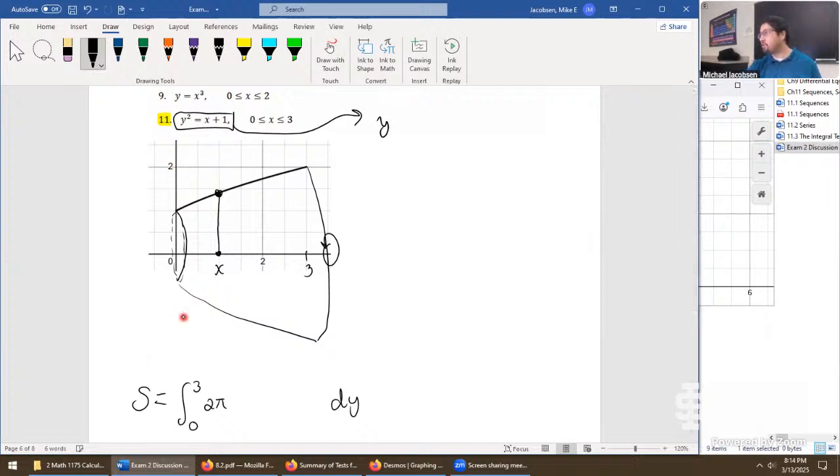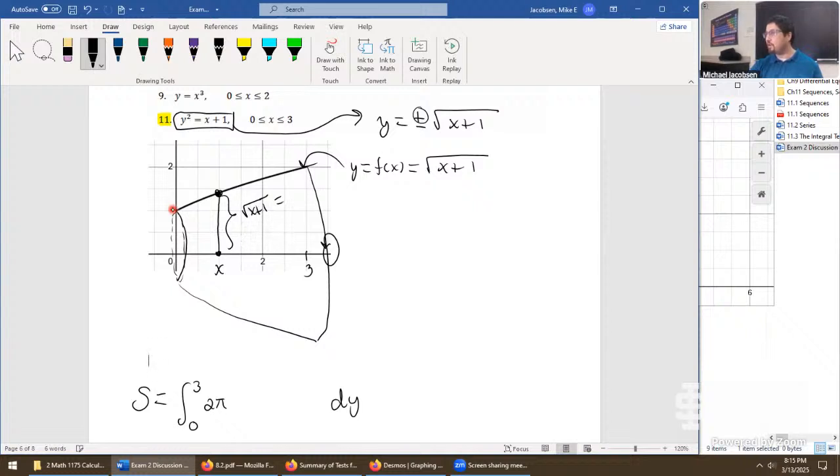Let's take this. Y is going to be equal to plus or minus the root of x plus 1. If we're focusing on this branch here, we'll take the positive root. So this is going to be y equals f of x equals positive root x plus 1. And so that gives us the radius here, root x plus 1, or the y is going to go in that location, 2 pi y.